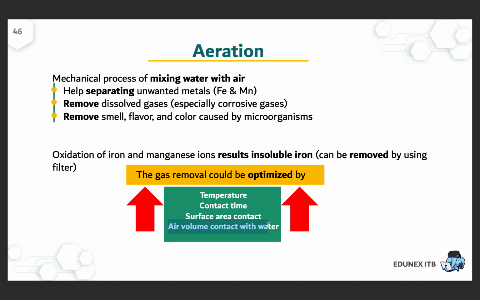So please find out those two types of contact, air in water or water in air, in the literature, and then we'll discuss it later on. That is directly related to the surface contact area, air volume contact with water, and the contact time.